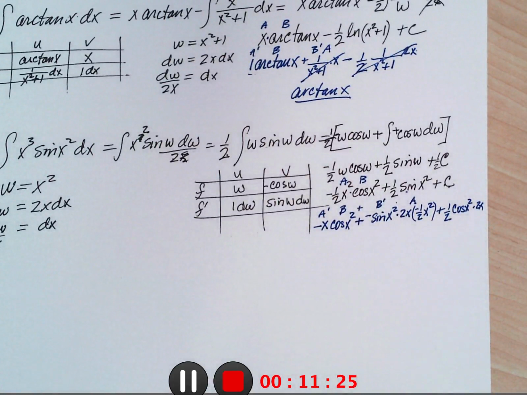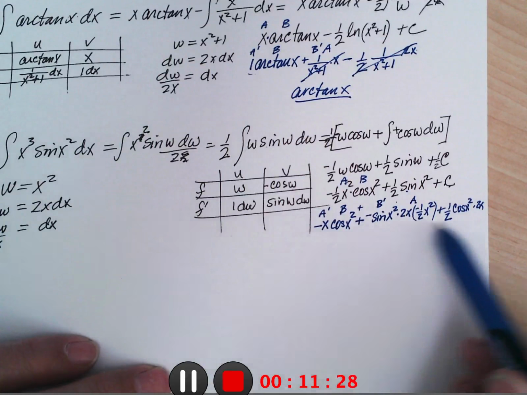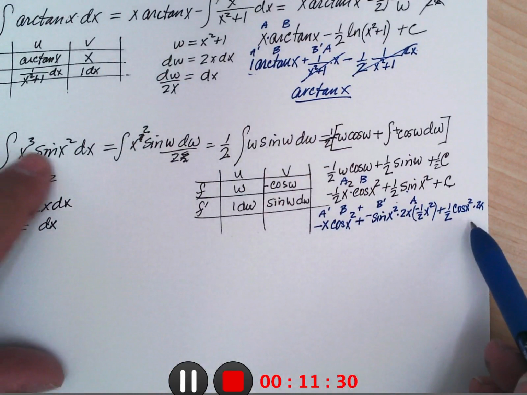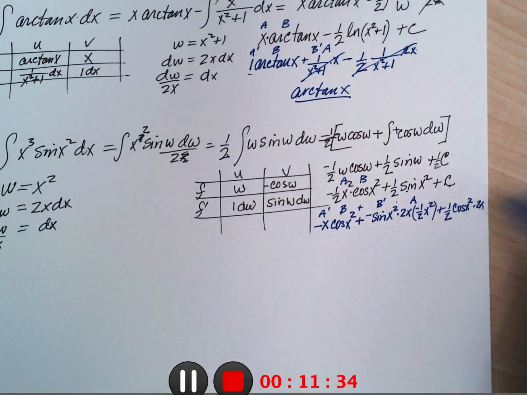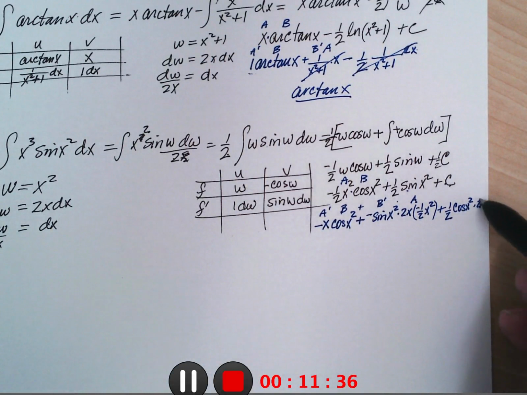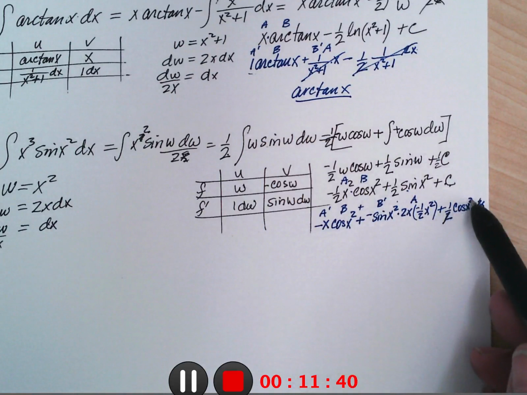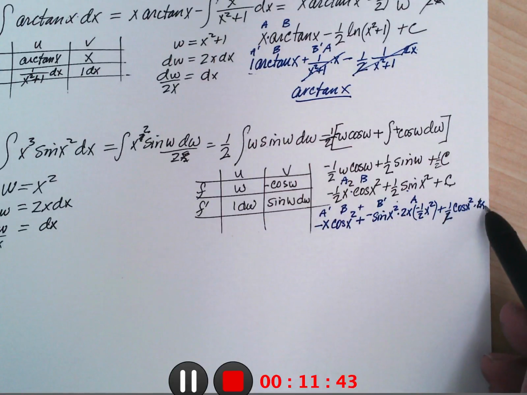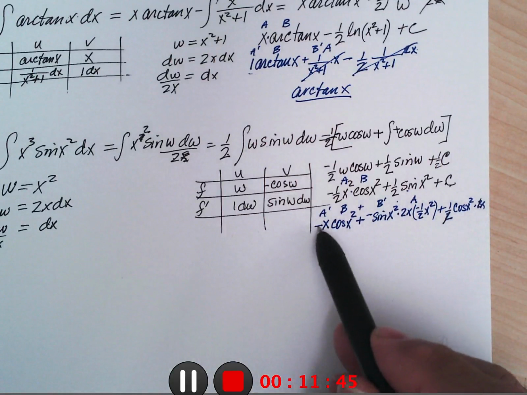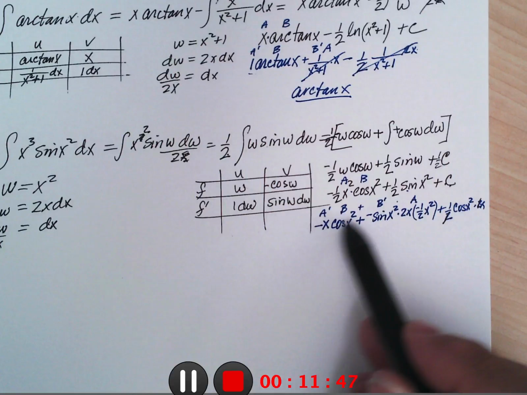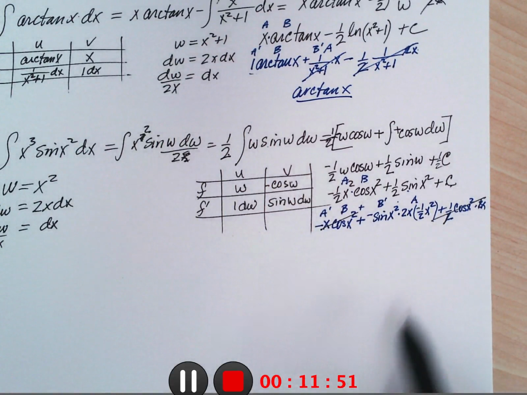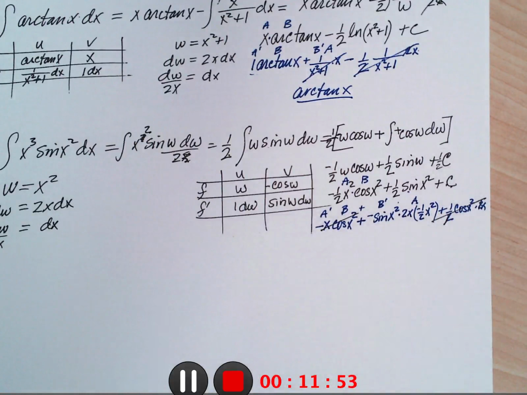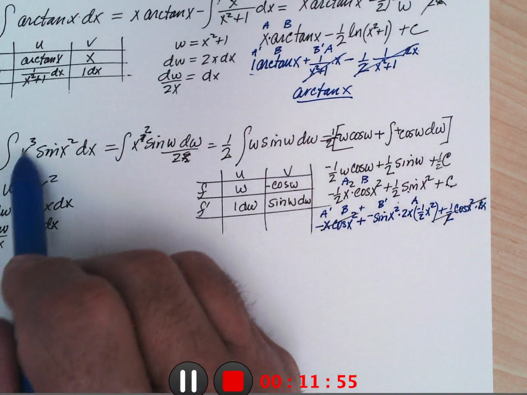So hopefully this simplifies to be x to the third sine x squared. Let's see. The 2's here cancel. And so I've got cosine of x squared times x, and I have minus cosine x squared times x. So this and this cancel. And hopefully what I have in the middle here is x to the third sine x squared.